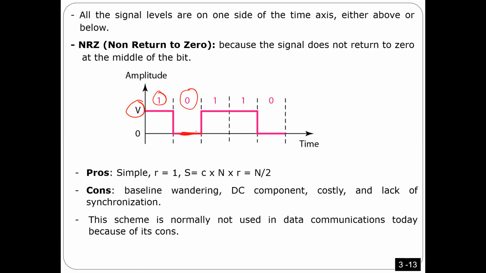Here I'm going to use two different voltages, one for one and one for zero. One of them is zero, and the other one can be positive or negative. You get what I'm saying? So I use zero, and then either positive or negative. It doesn't matter. Here I give you an example for positive, but it can be for negative as well.